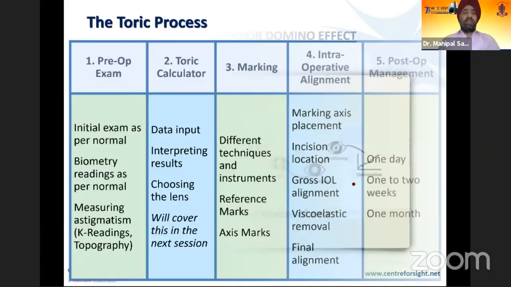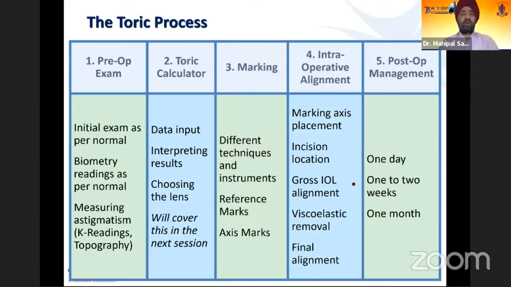When we are talking about the first part, that is the pre-operative examination, that is to measure the keratometry, which is very, very important, as also the biometry. One important thing I wish to say is that the IOL power calculation should be done on an untouched cornea.